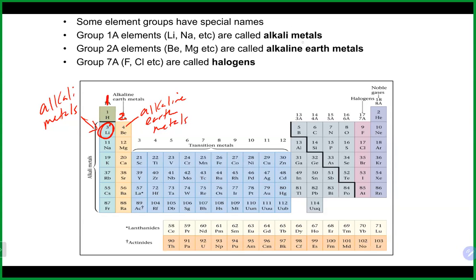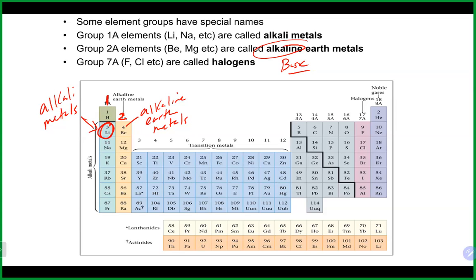The word alkaline means basic. A lot of strong bases actually come from group 1 and group 2 on the periodic table. Things like sodium hydroxide, potassium hydroxide, calcium hydroxide: hook up hydroxide, which is OH, with any of those guys, and you get a strong base. So that's why they're referred to that way.